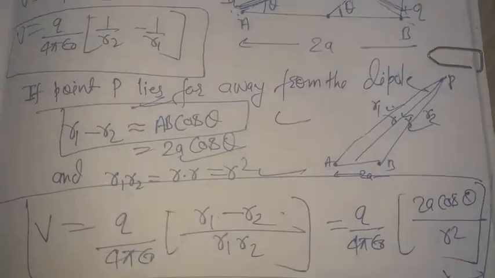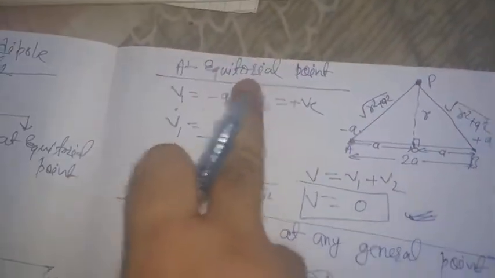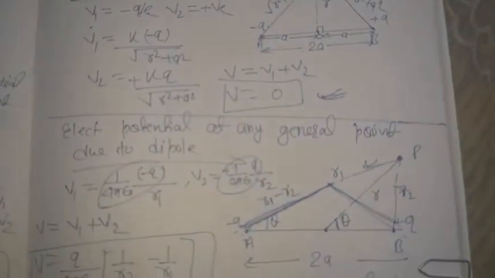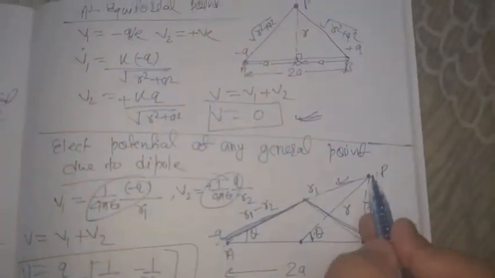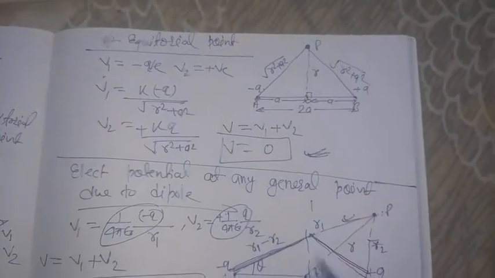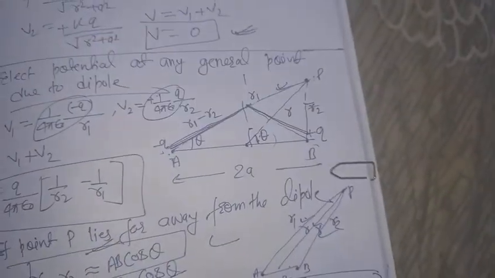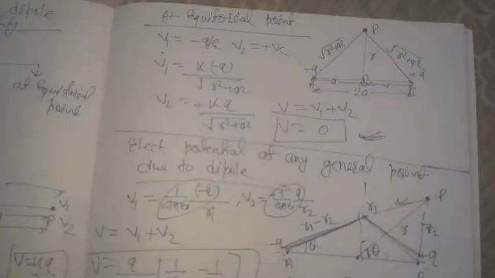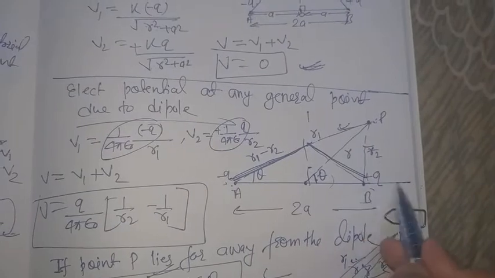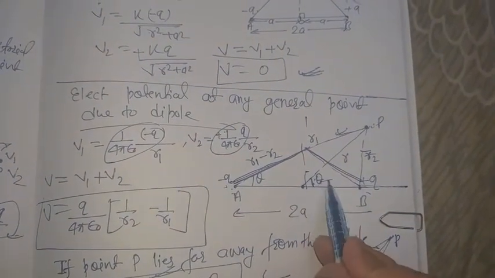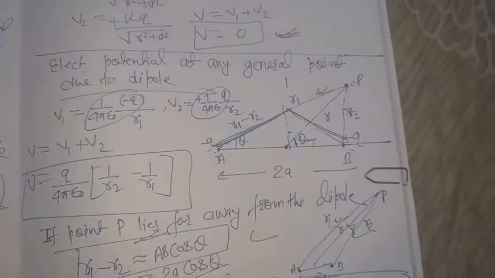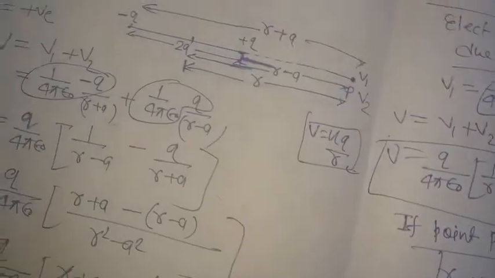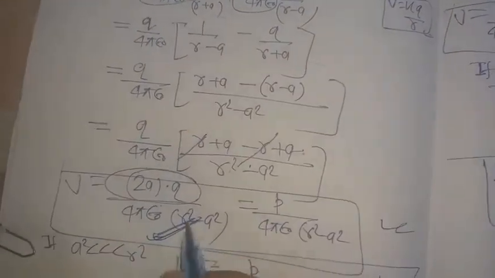So this is the general formula. Now see here, in case of the equatorial point, where is point P? It is at this point, so this angle becomes 90. If you put 90, then cos 90 equals 0, so potential becomes 0. Now if point P lies on the axial point, then this theta becomes 0 degree and cos 0 is 1, so again this formula will come.